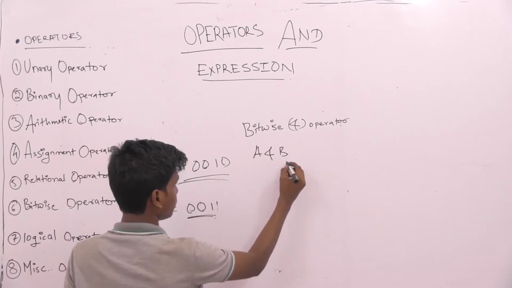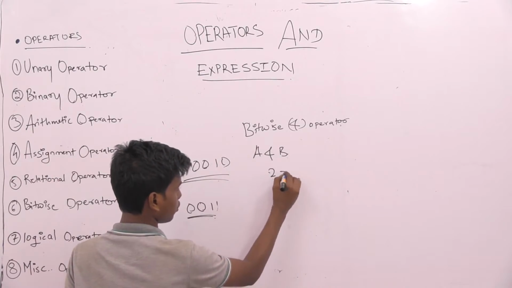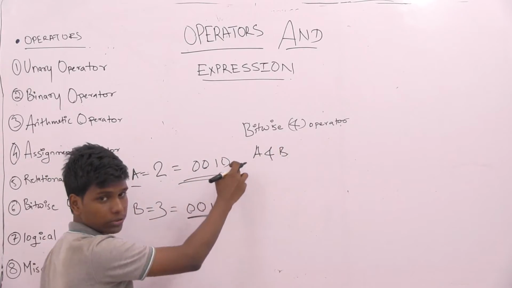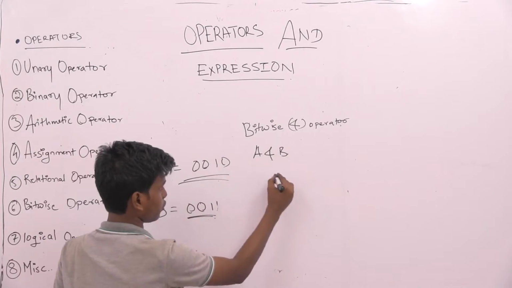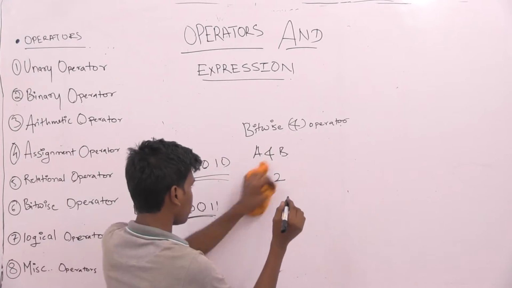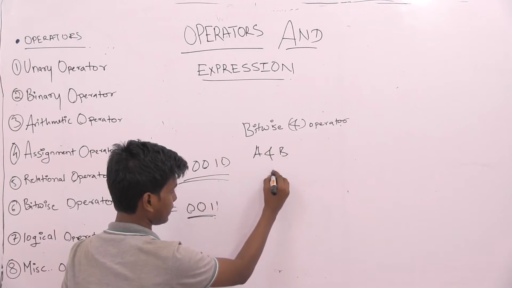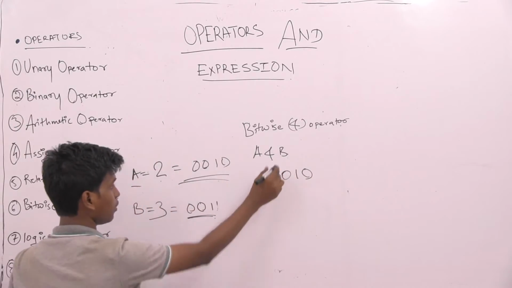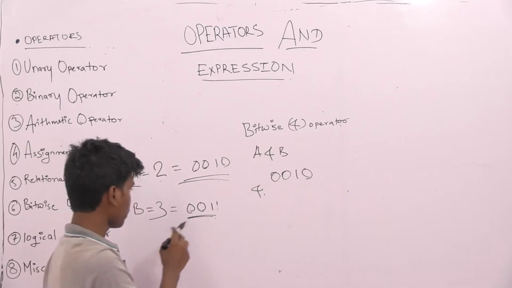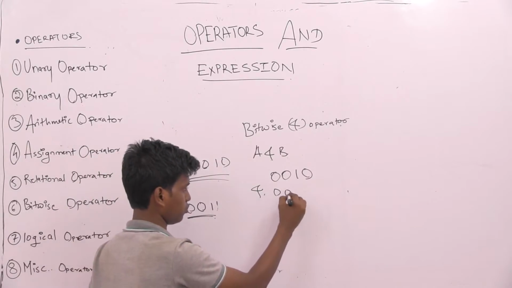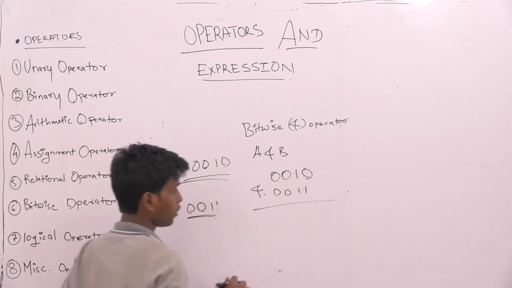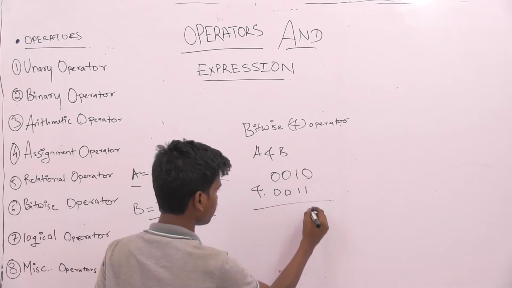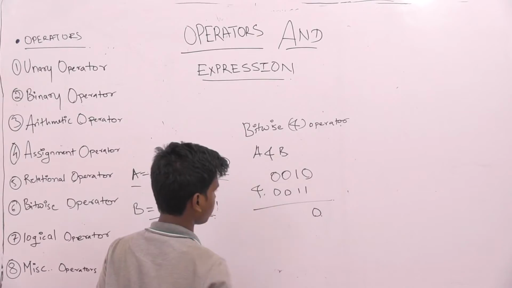Let's take a variable A equal to the value of 2, which in the binary system is 0 0 1 0, and the value of B is 3, which in the binary system is 0 0 1 1.